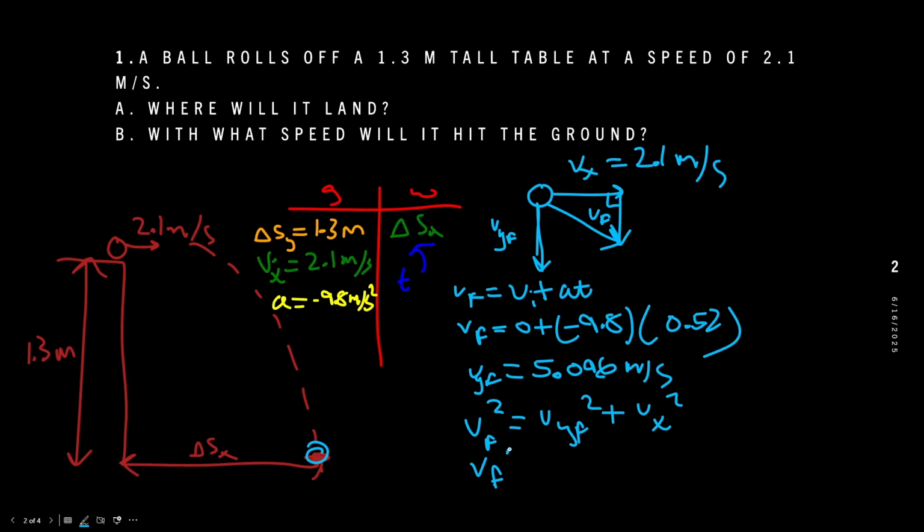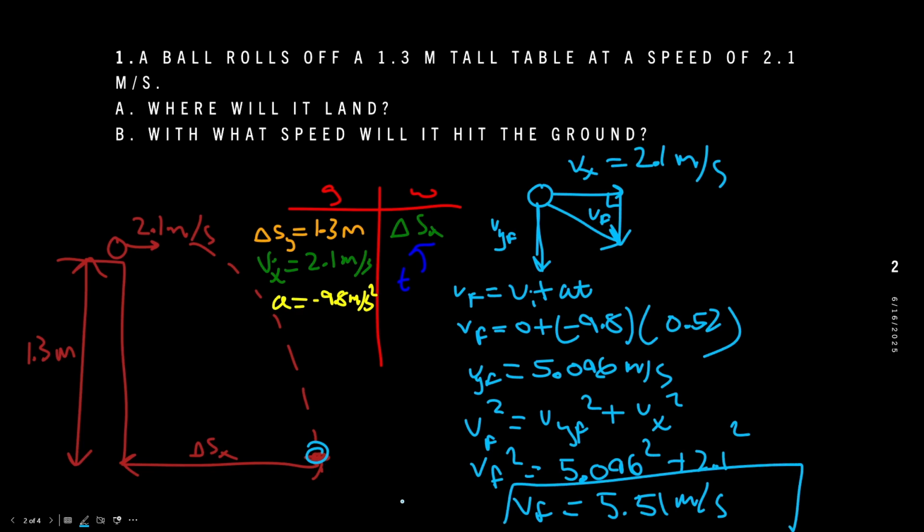So Vf squared equals 5.096 squared plus 2.1 squared. So then if we solve that, we get 5.51 meters per second. So that's our answer for the second part of the problem.